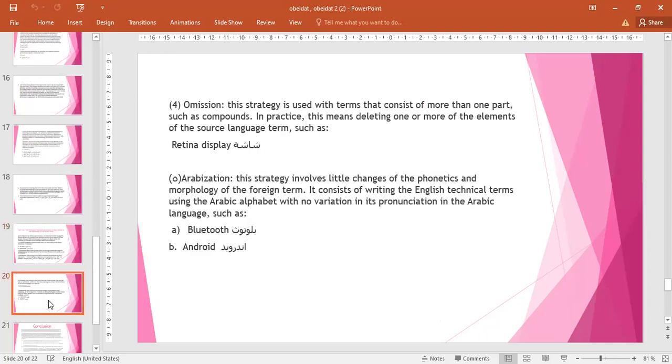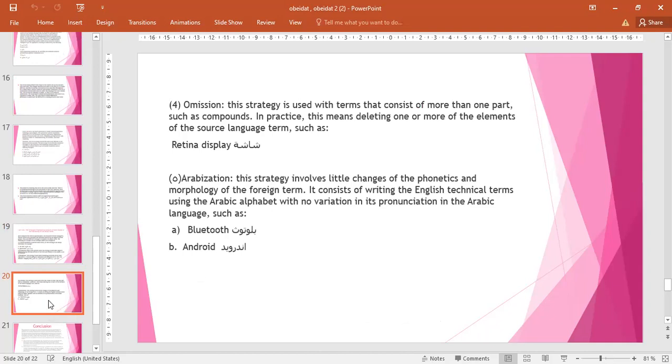Omission. This strategy is used with terms that consist of more than one part, such as compounds. In practice, this means deleting one or more of the elements of the source language term, such as retina display شاشة.